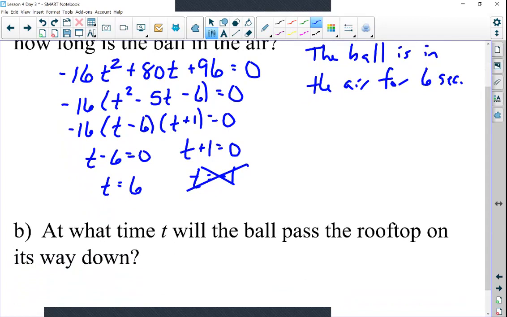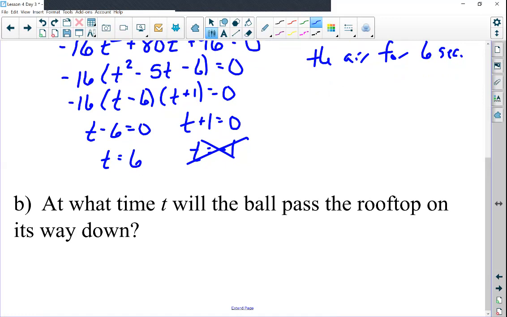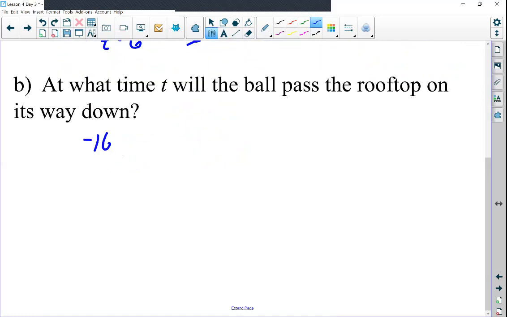At what time will the ball pass the rooftop on its way down? So again, we're going to take our equation and set it equal to the height of the rooftop.